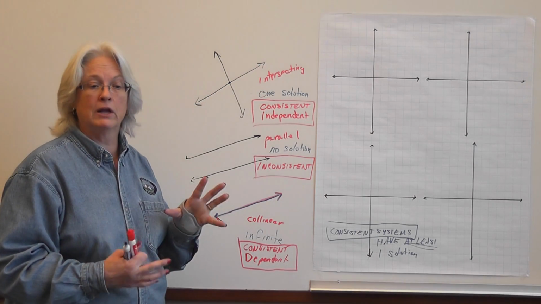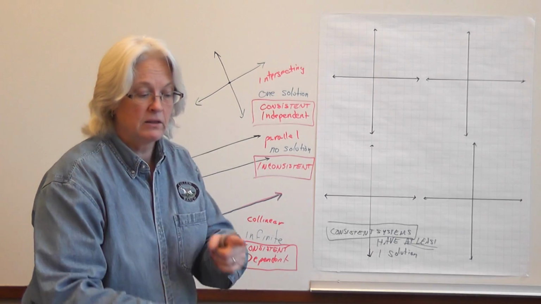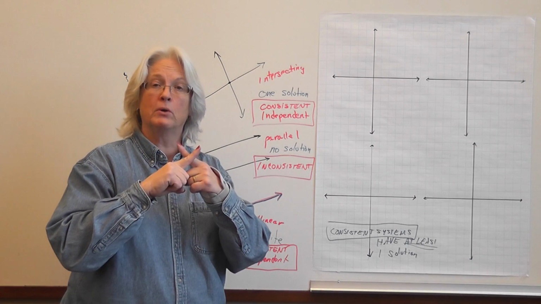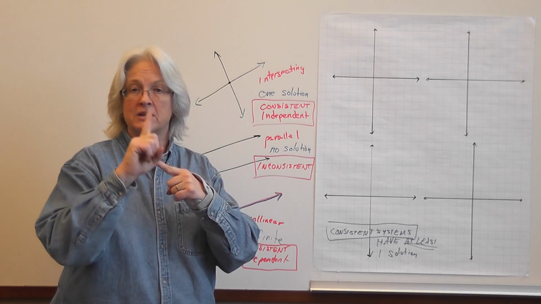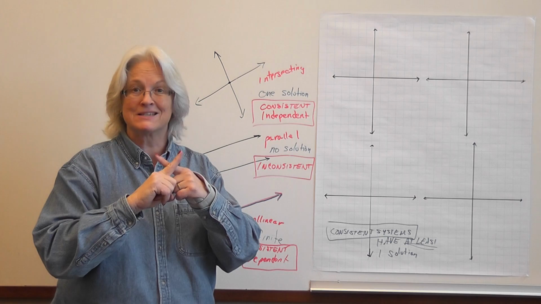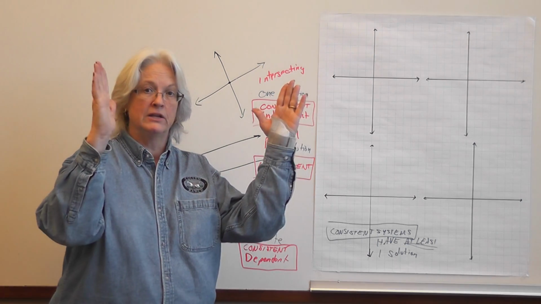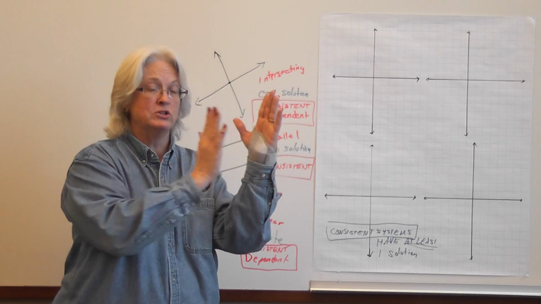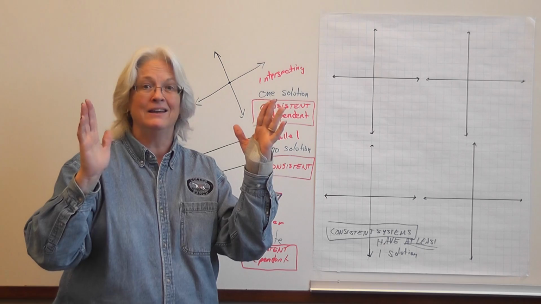Lines can relate to one another in a plane in only one of three ways. They can intersect, at which point they have one point of intersection. They're independent because they have one solution. They're consistent because they have at least one. Lines can be parallel. There's no point where those two lines touch, so they are inconsistent.